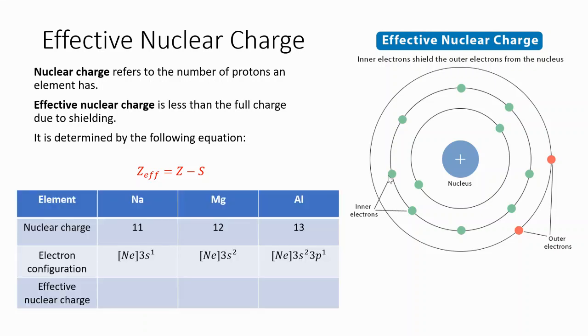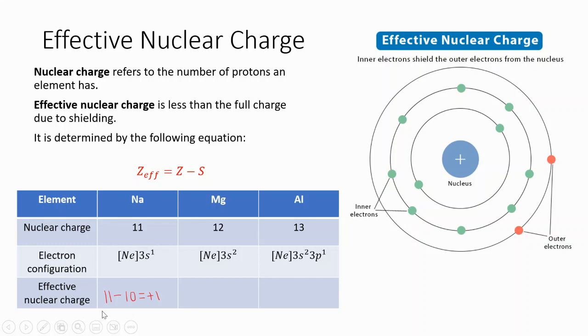So how do we determine effective nuclear charge? Let's look at sodium. It has a nuclear charge of 11, which means it has 11 protons. We can see from the electron configuration that it has one valence electron and 10 of the electrons are inner electrons.